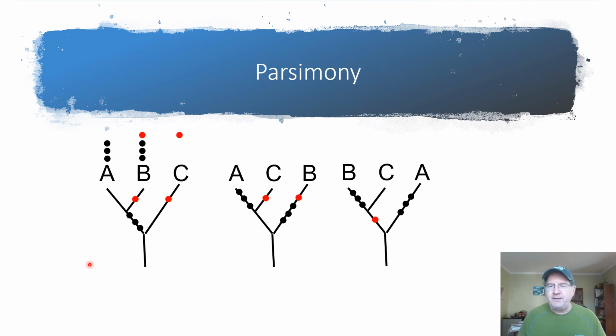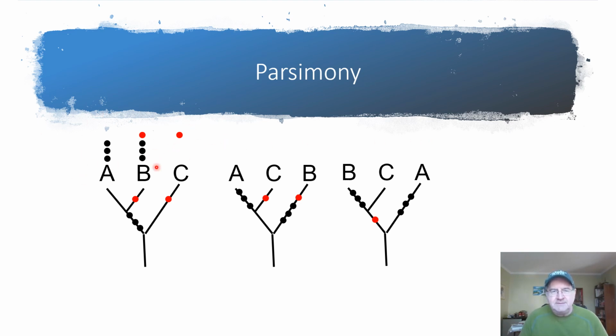So I've gone back to my three taxon statement because that's the simplest way to represent this. And on the first one, these little dots here are supposed to represent the distribution of derived characters. So I've got 4 characters here. And we're assuming that the same distribution of characters is across all 3 trees.